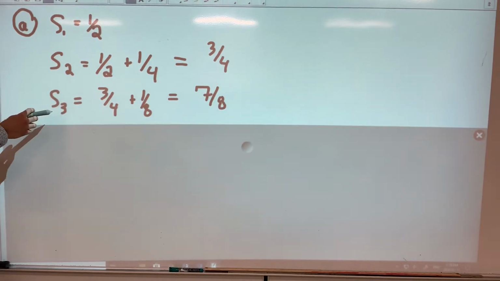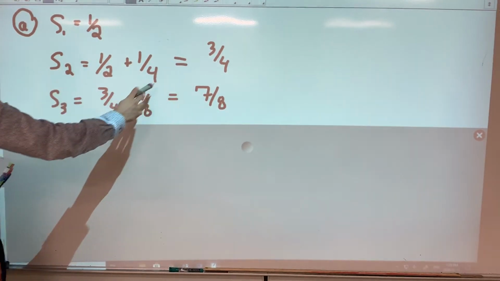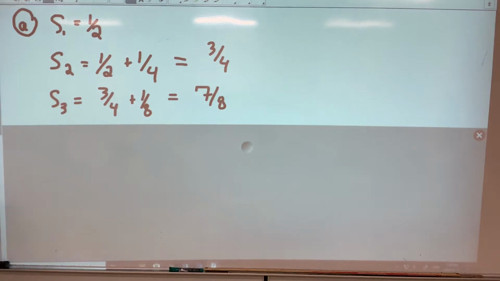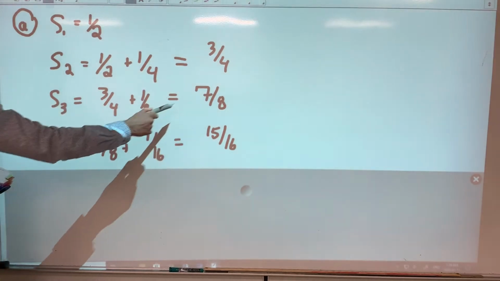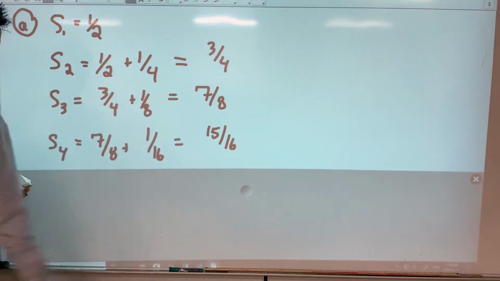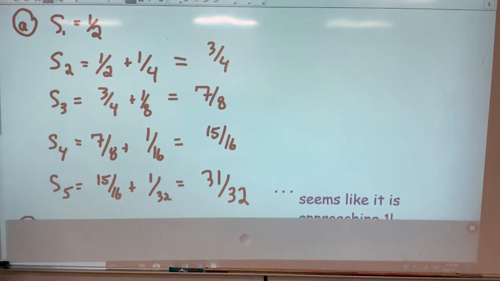When you do the sum of the first 3 terms, I just took this and then added the next term, term number 3, which is 1/8. So you get 7/8. And then for the sum of the first 4, again I took this and added the 4th term, 1/16, and you're getting 15/16. And I'll do one more. So there's the sum of the first 5 terms.